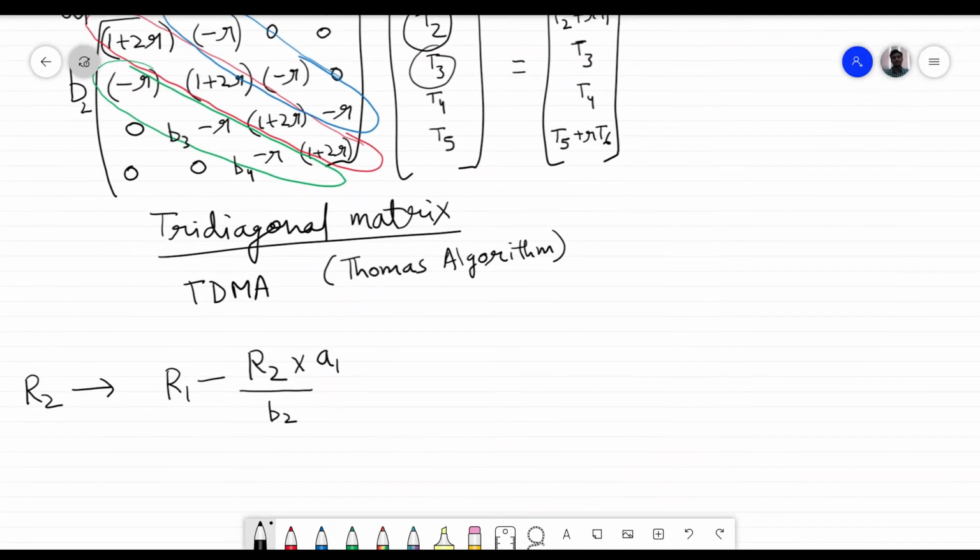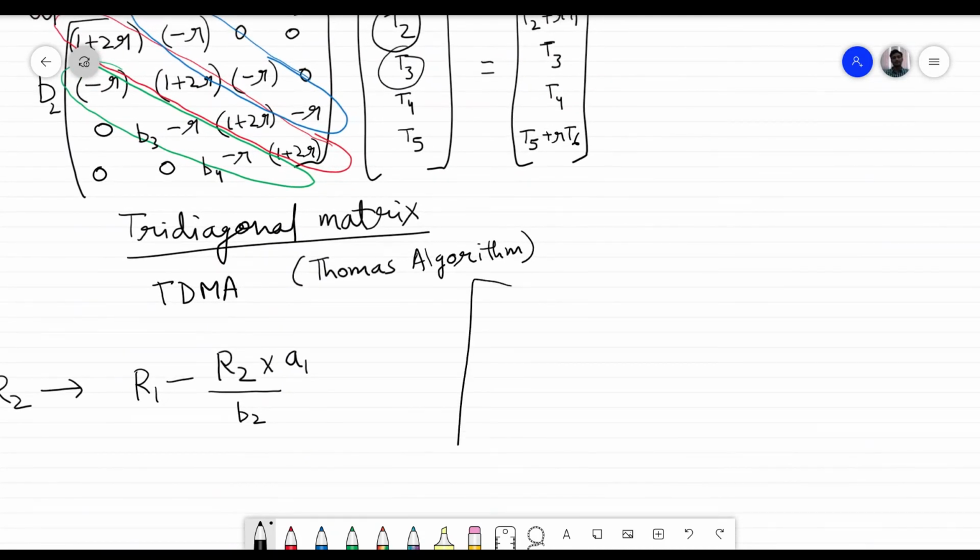So let us write our new matrix here after this manipulation. The top row will remain the same, 1 plus 2r, minus r, 0, 0. The second row will become 0.